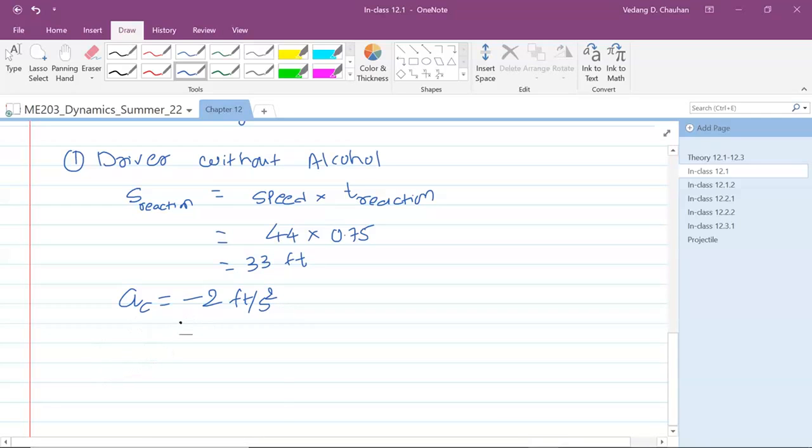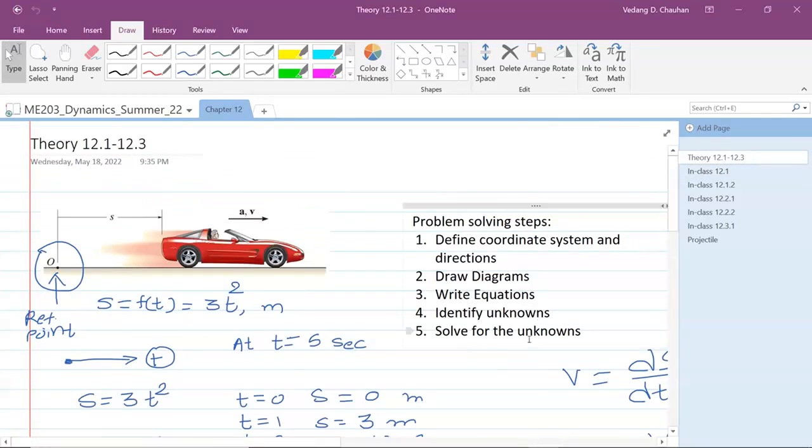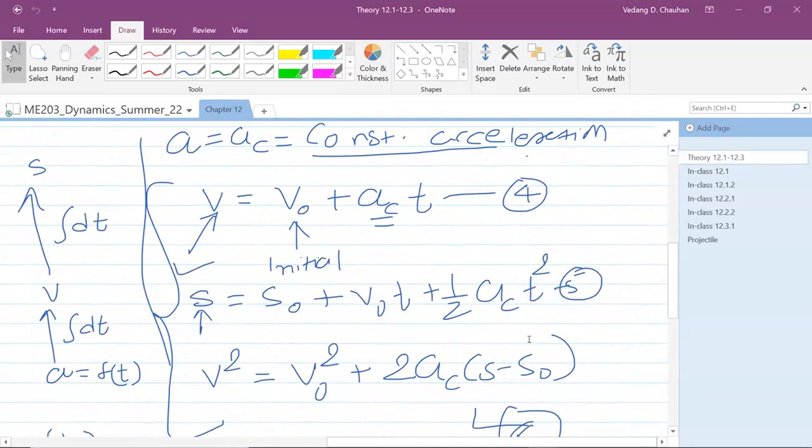Since it is constant, we can use one of the three pre-integrated equations that we have seen during the theory portion, v equal to v0 plus a_c t, or s equal to s0 plus v0 t plus one half a_c t squared, or v squared equal to v0 squared, depending on the problem situation. What we do not know is how long it takes for the car to stop, so we do not have any information about time t. We do not want to use equations 4 and 5 because both these equations require time t.